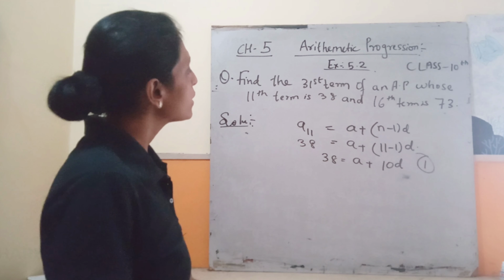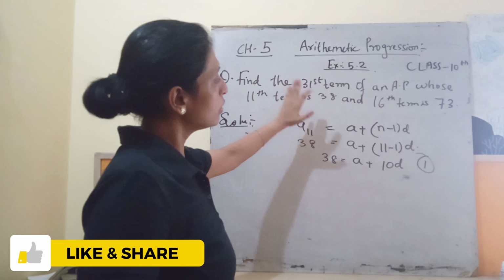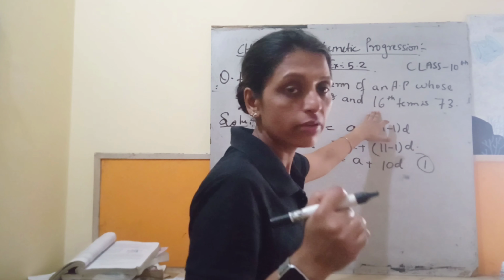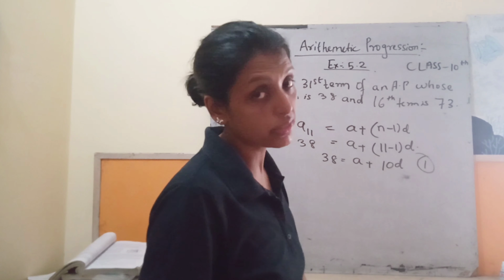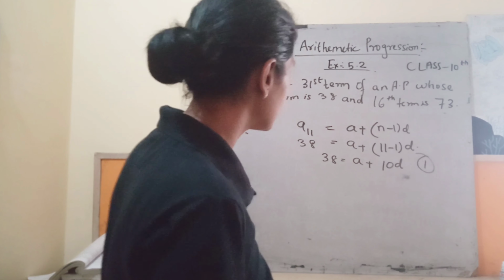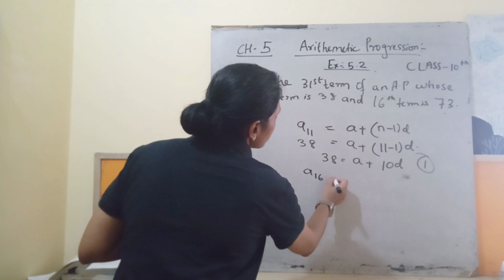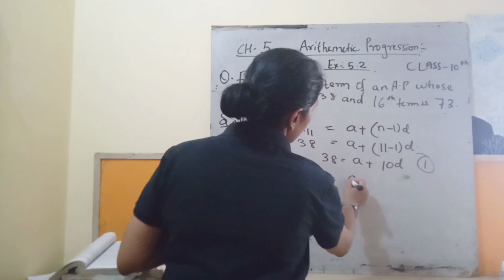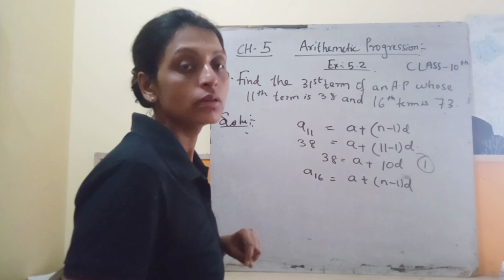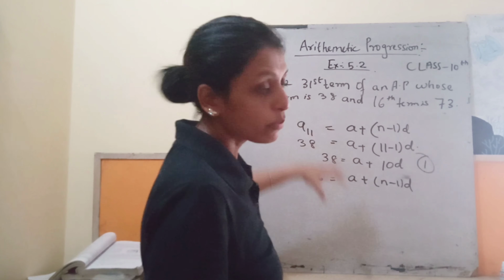Now one more thing is given: the 16th term of the AP is 73. So a_16 = a + (n - 1)d. Always write the formula in order to make it more clear.